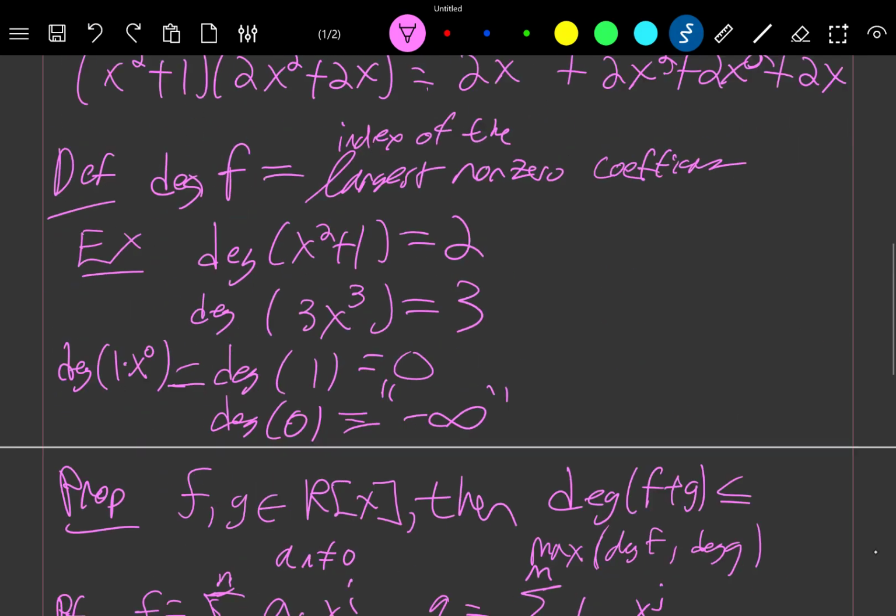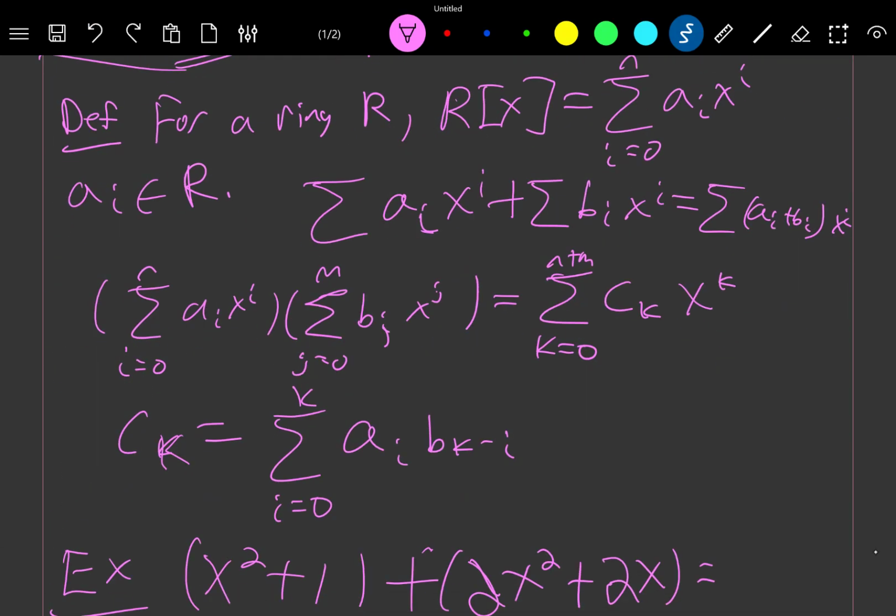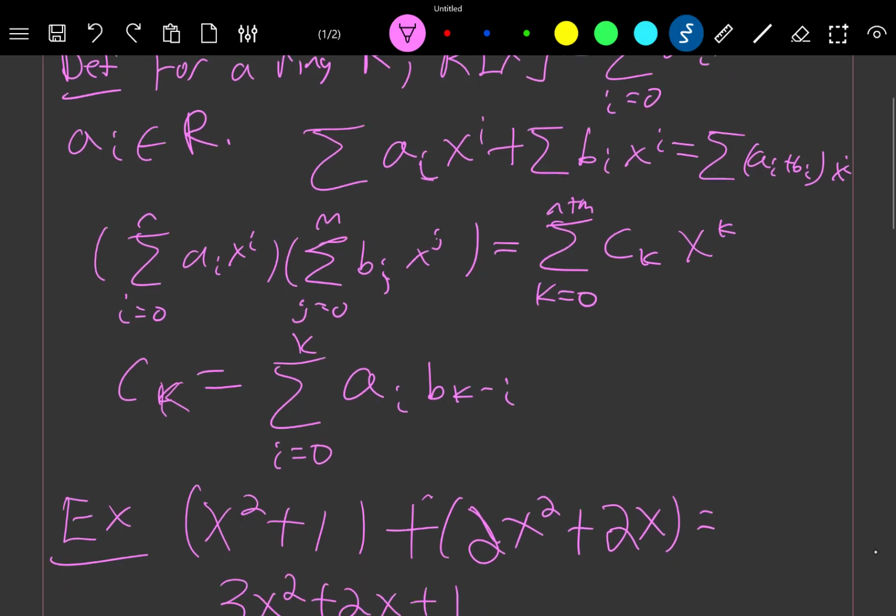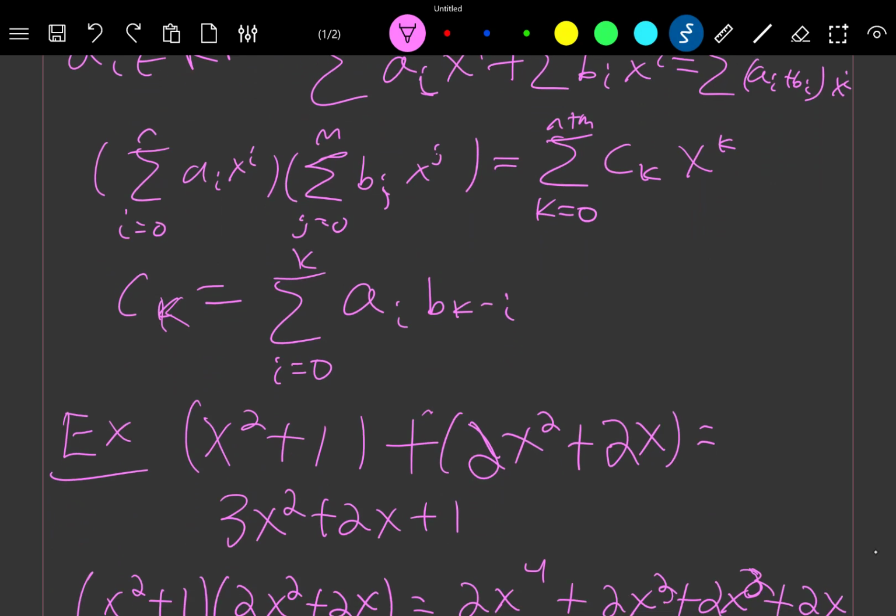So that's going to be the leading coefficient. That's the only way this sum is k. And I guess what we're saying is that the term is 0 if the index is not in the right range. So the only way to reach n plus m with non-zero coefficients is going to be a_n times b_m.